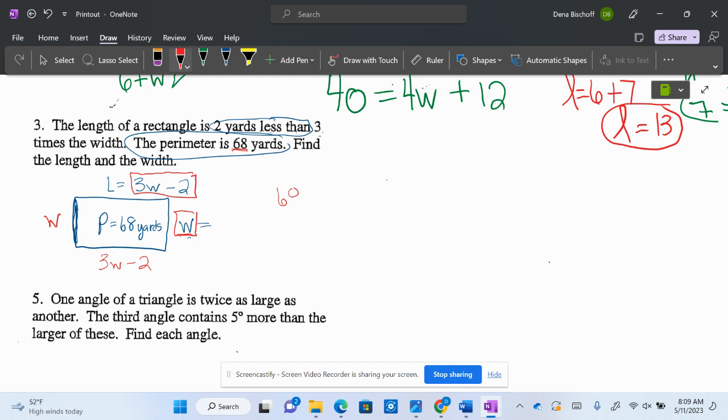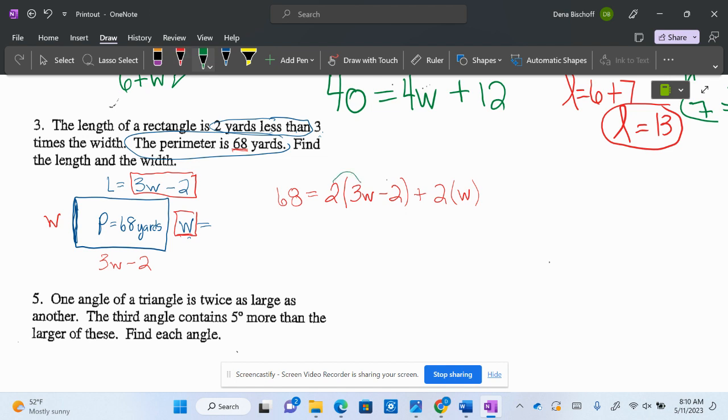So 68 equals, do you want to multiply and distribute, or just add them all up? Makes no difference. Just multiply? Okay. So we have two sides that are 3W minus 2 plus two sides that have a measurement of W.